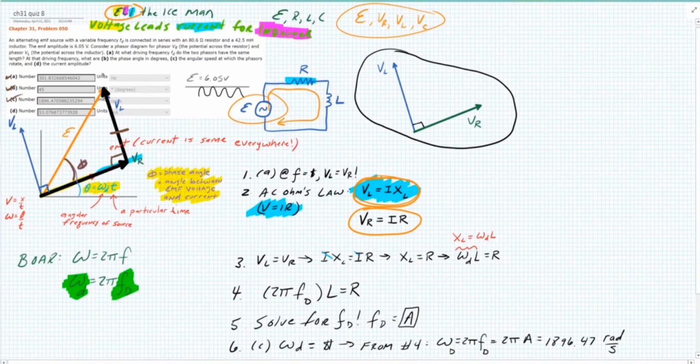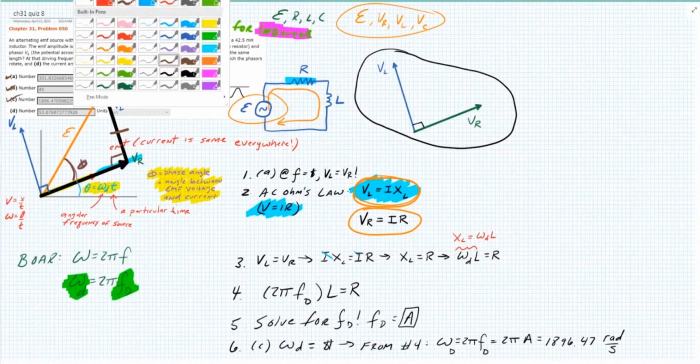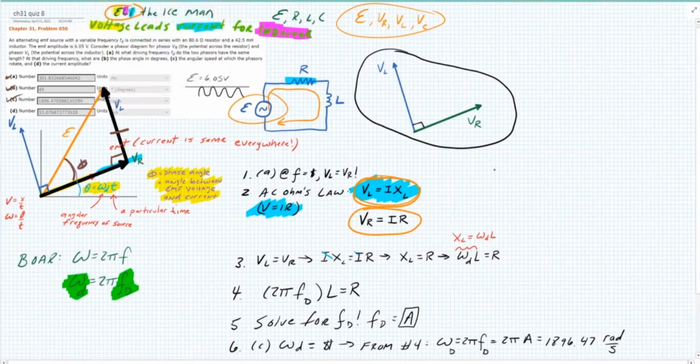D. What's the current amplitude? All right, so let's finish this. Number 7. I subscript M stands for current amplitude. Current amplitude means the following: the maximum current.